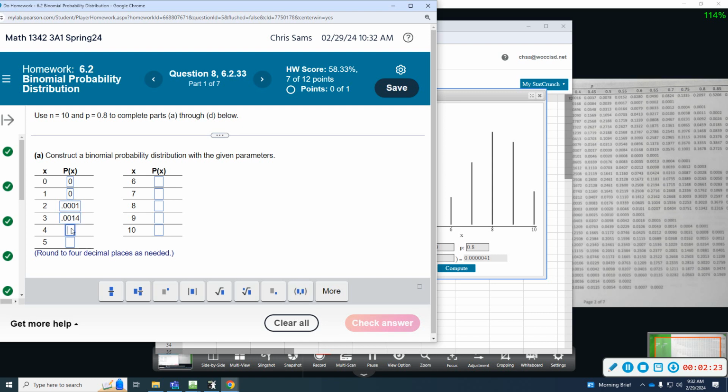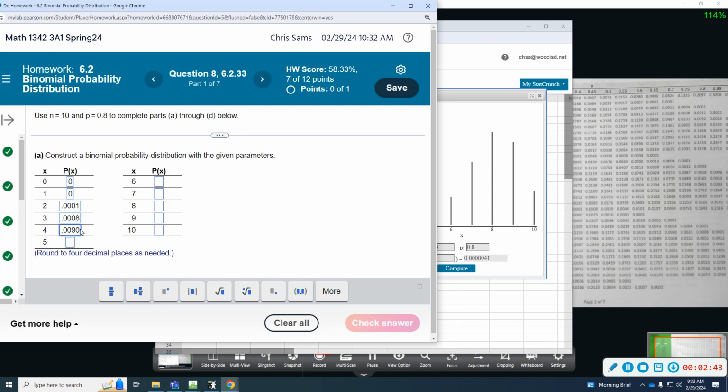And then the next one we get 0.0001. I jumped off the wrong column; looking at this column, 80%.